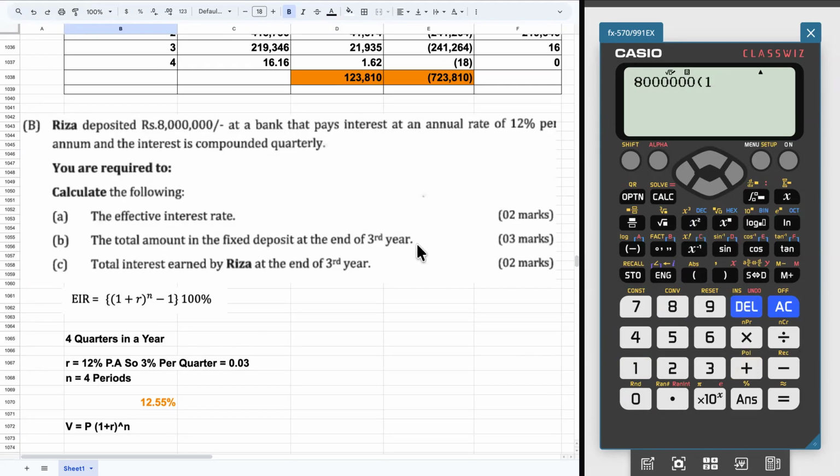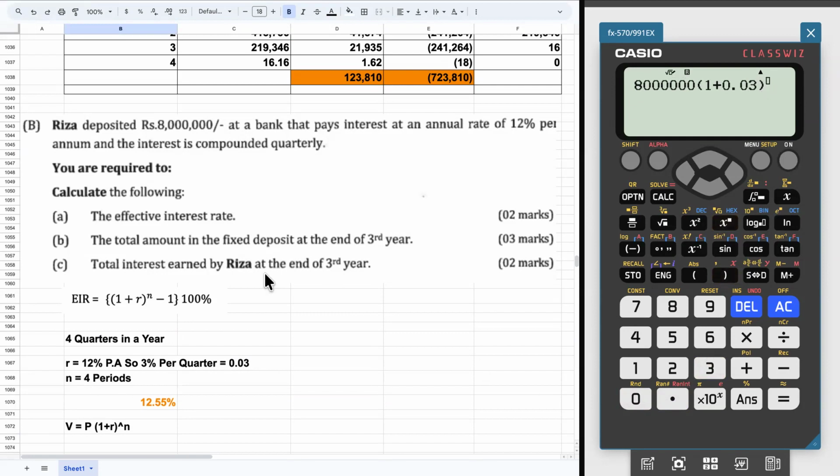The total amount in the fixed deposit at the end of the third year is compounded quarterly. So what rate do we have to use? We have to use the quarterly rate, 0.03. So 1 plus 0.03, and how many periods will there be?